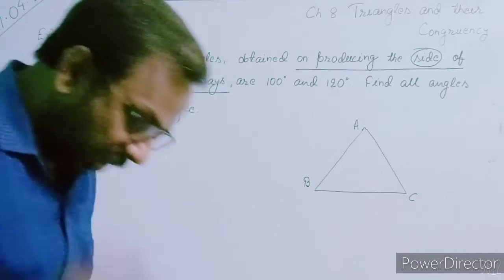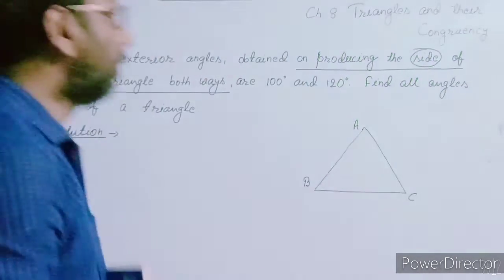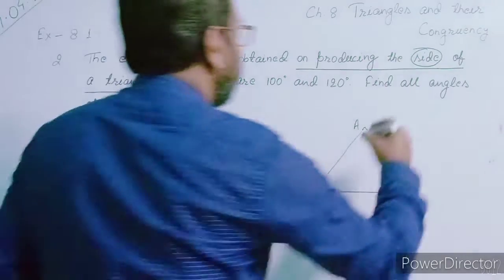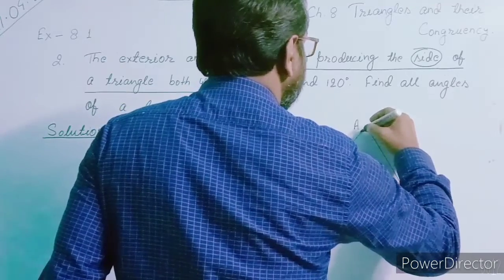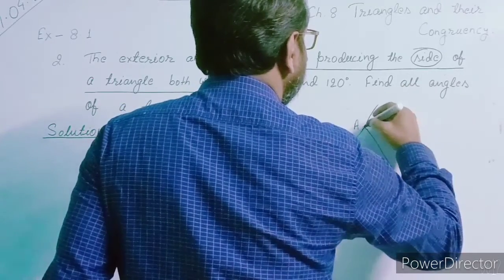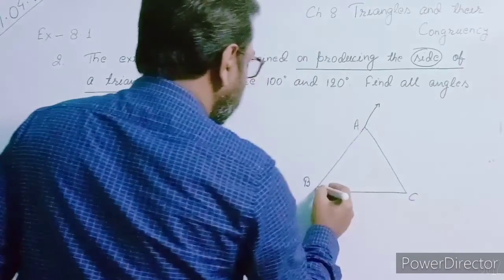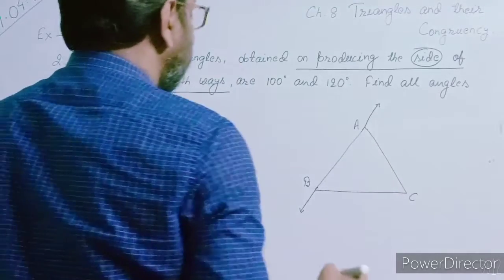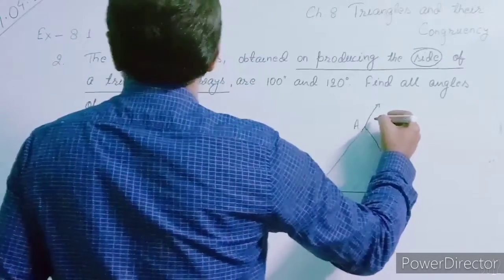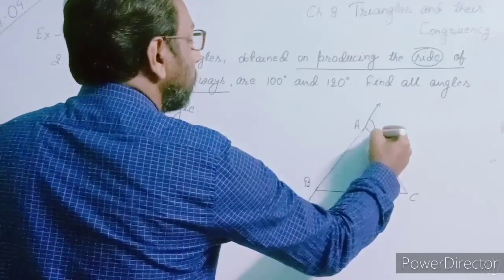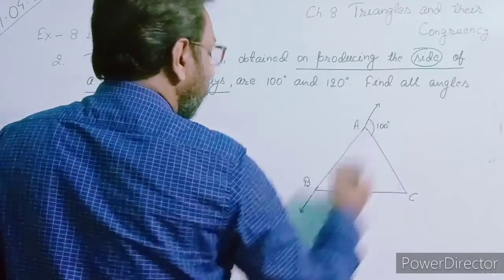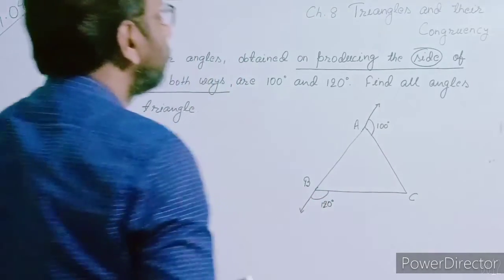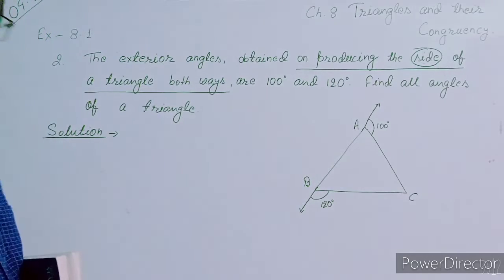So only one side of the triangle is produced both ways. Let that side be AB, that is produced both ways. And there are exterior angles 100 degree and 120 degree respectively. This is the diagram.